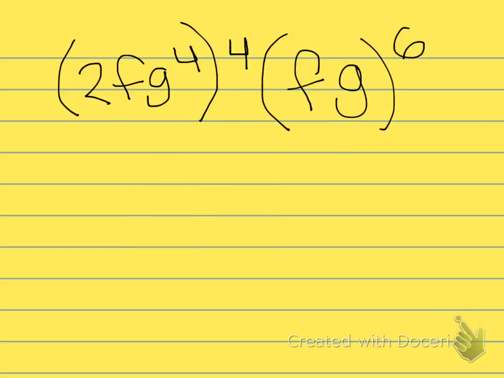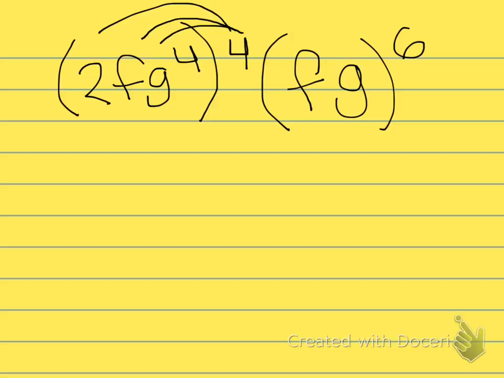Our next problem is going to be parentheses 2fg to the 4th, and parentheses all of that's to the 4th power. Then in the next parentheses it's 4g, and then all of that's to the 6th power. So first what we're going to do is distribute the 4 to all of the terms.